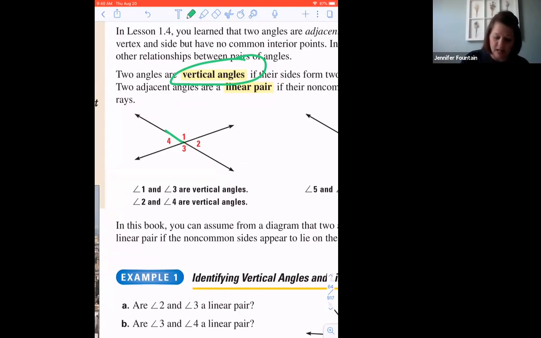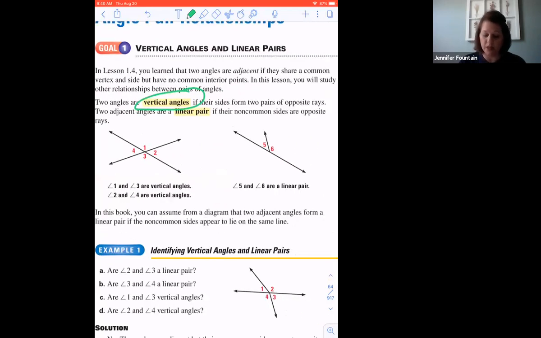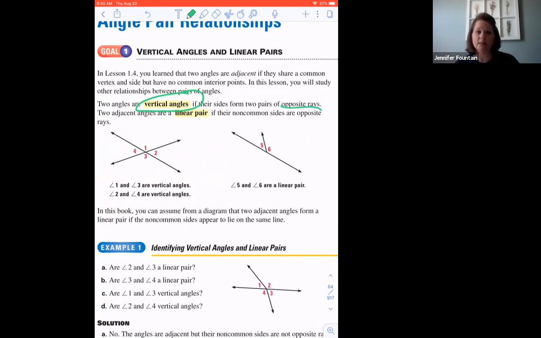Likewise, if I'm looking at 2 and 4, I've got a V going this way and a V going this way. So my two V's touch at the point. So I can tell, hey, these are vertical because my two V's touch. These are vertical because my two V's touch. Okay, so that's the way I remember vertical angles. Another way to describe them is opposites, because they're made from opposite rays. So verticals, opposites, think about the V's that touch.